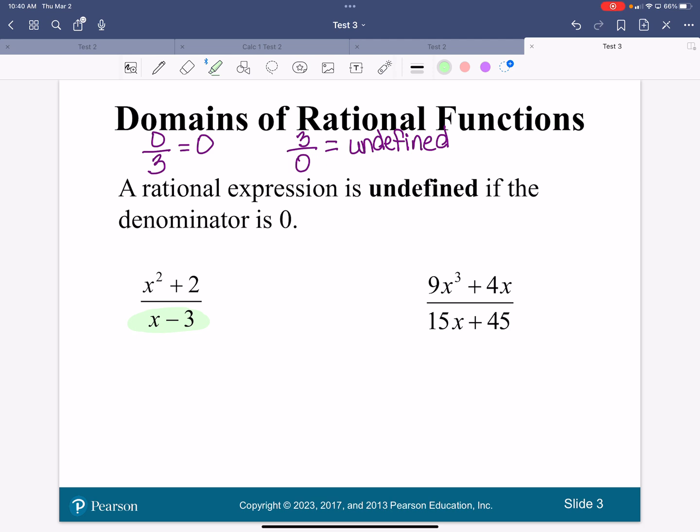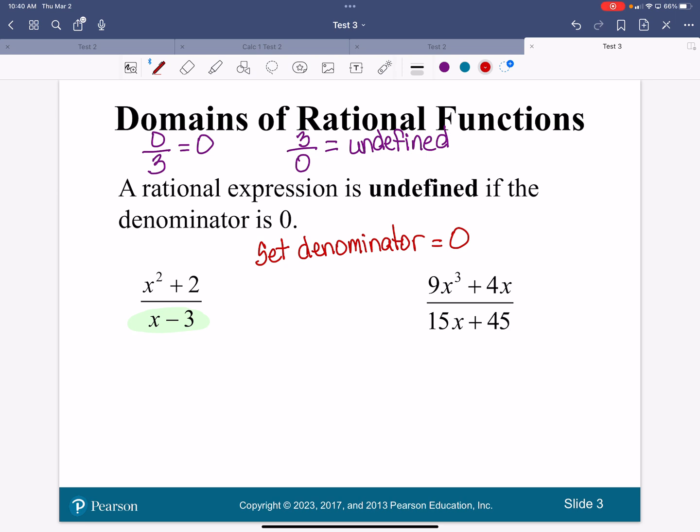What we're saying is that the denominator cannot be 0. And so what we do when we are talking about the domain of a rational expression is you set the denominator equal to 0. It's okay if the numerator is equal to 0. Okay, so set denominator equal to 0.